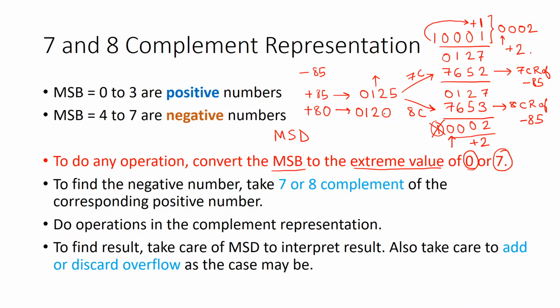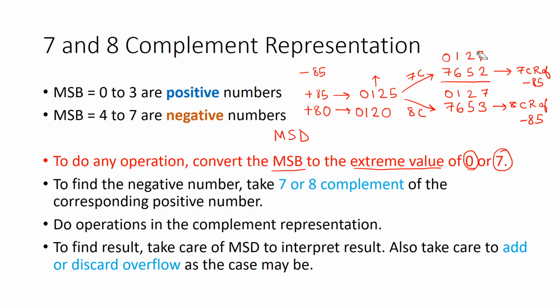Minus 85 is still the same, so I don't have to recalculate this. That is why I am choosing minus 85 always, because I don't have to do the recalculation. But what happened to 80? So 80 is 0120.